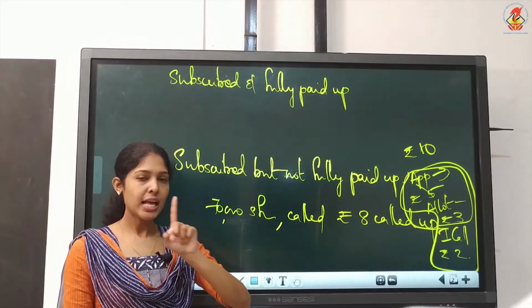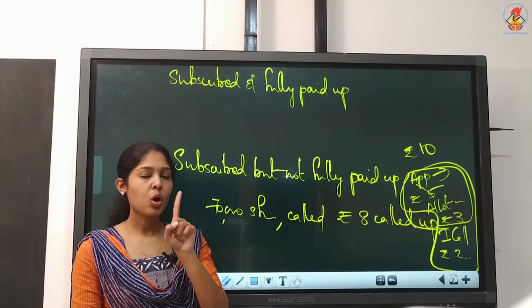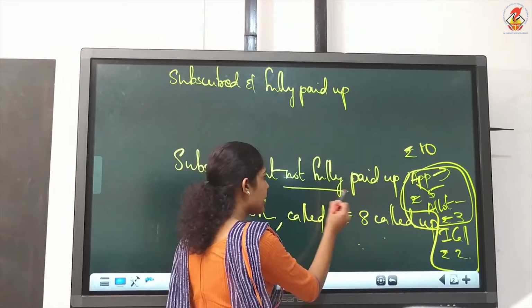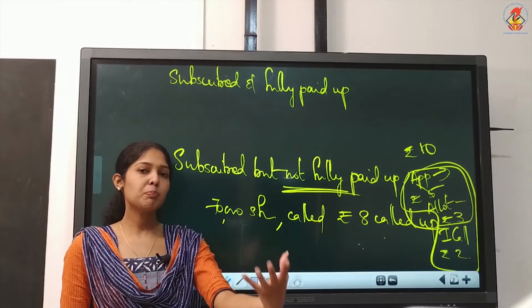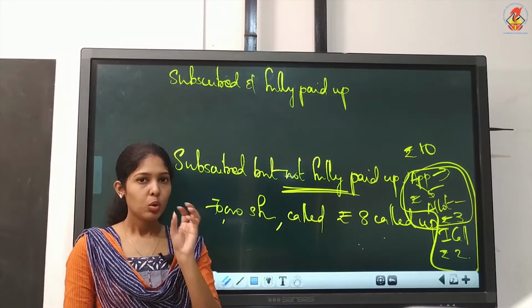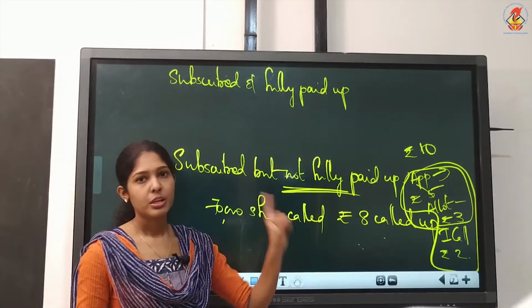So the company has not fully called it. The company is not calling for that full 10. The company has called only rupees 8. This situation is called not fully paid up. We are not asking them to pay the entire 10. We called only rupees 8 per share. That is coming under not fully paid up.